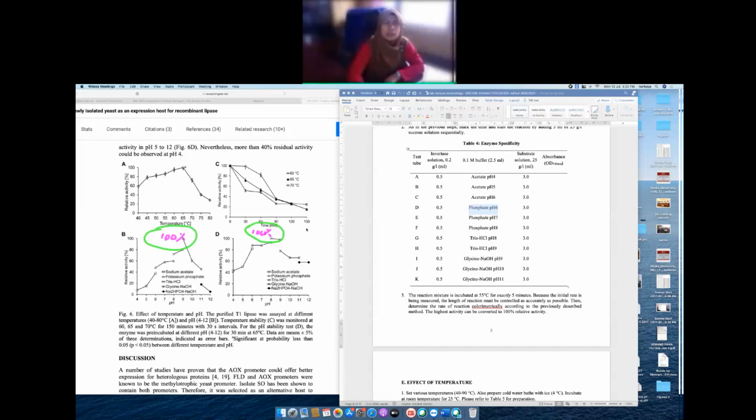When you do the assay, do you think the unit per ml will be the same or not? Maybe for this one, unit per ml is around 20 units per ml, and then it makes up 100% relative activity. Do you think for the pH stability, the 100% is similar to 20 units per ml, or is it lesser, or what? What do you think? You can type in the text box, in the chatting box.